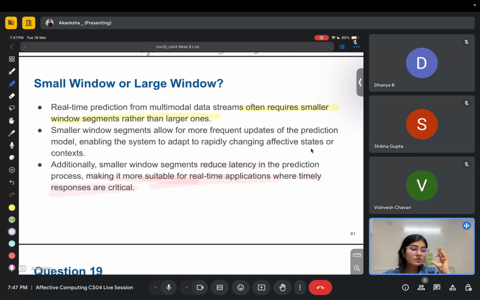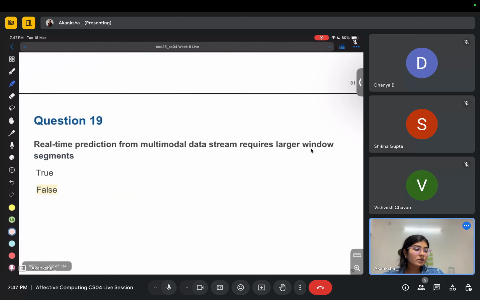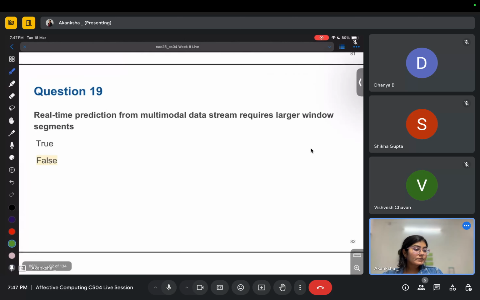You cannot wait 5 minutes for your phone to unlock when you're using a facial recognition system. It should be real time, quick. So it requires smaller window segments.